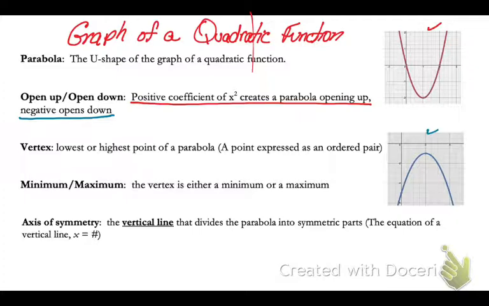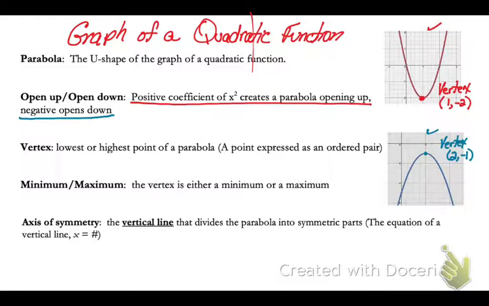Now, the vertex of a parabola is the highest or lowest point. So it's where the graph changes direction. So if I look at my red graph there, the vertex is at 1, -2, and the vertex is always a point, so you express it as an ordered pair. Now, on my blue parabola, notice that my vertex is my highest point, and it is 2, -1.